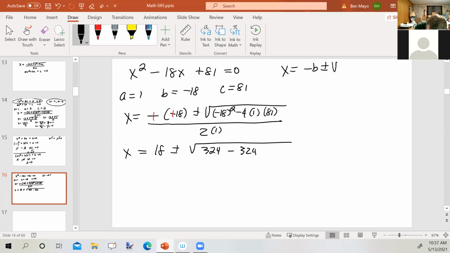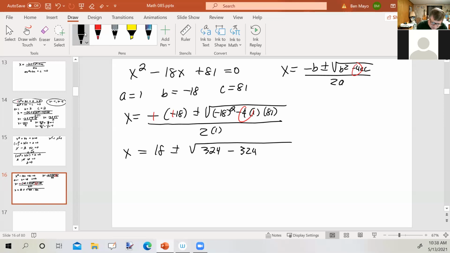Okay, now I get it. I wasn't sure where that 4 was coming from. Yeah, I'm just using the formula each time. I just didn't write it because I wanted to have all the room I could use to write there. But yes, this 4, and then you do AC, so then it would be 81, and A is 1. Oh, okay.